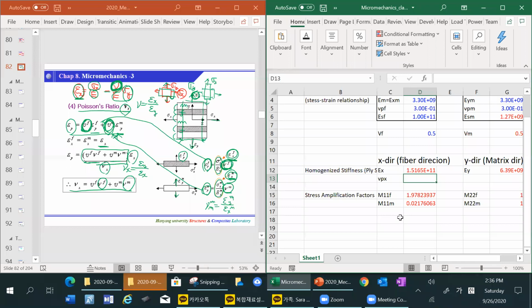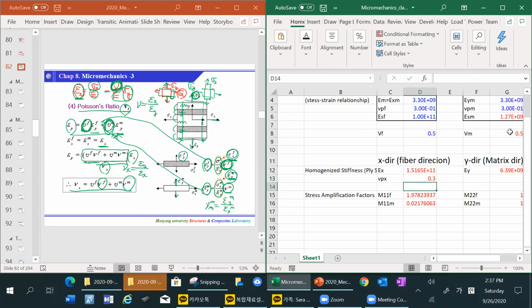Look at these equations. Poisson's ratio equals this times the volume fraction of the fiber, plus the matrix Poisson's ratio times the matrix volume fraction.